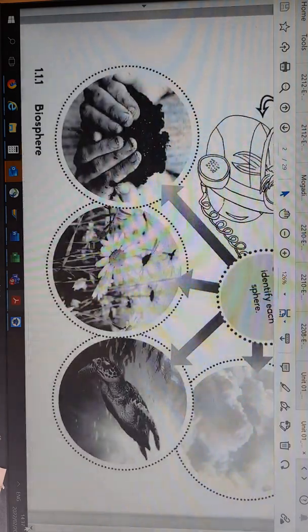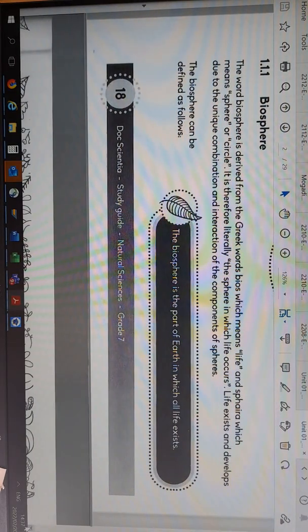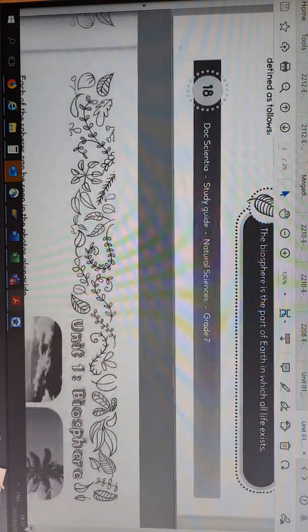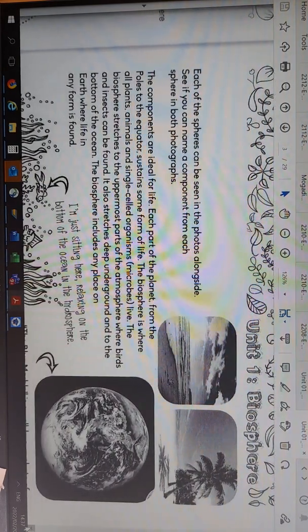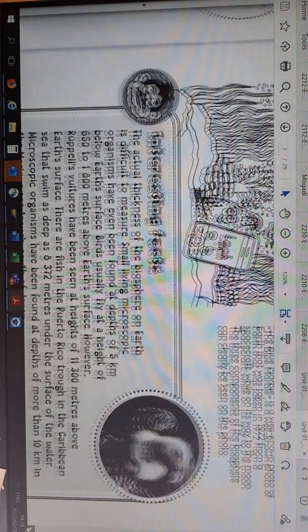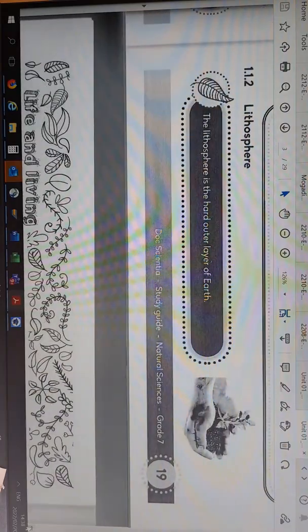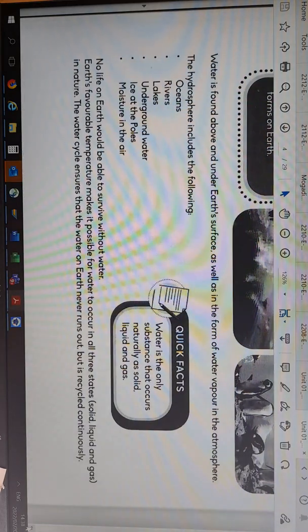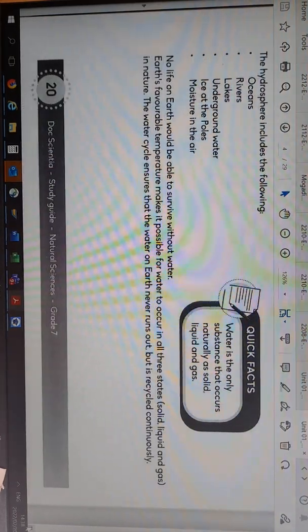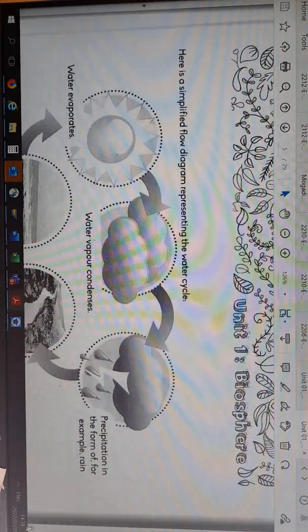I wanted to show you the water cycle. So you see there are different types of spheres and also the earth, but where I wanted to go is the hydrosphere.